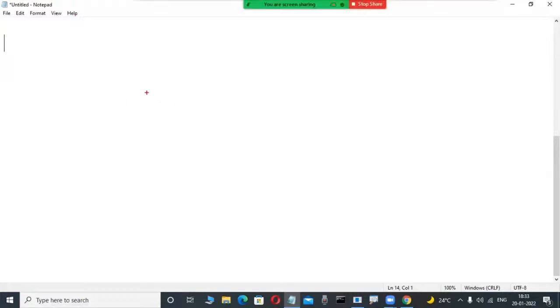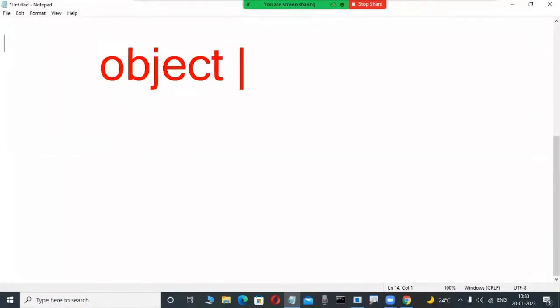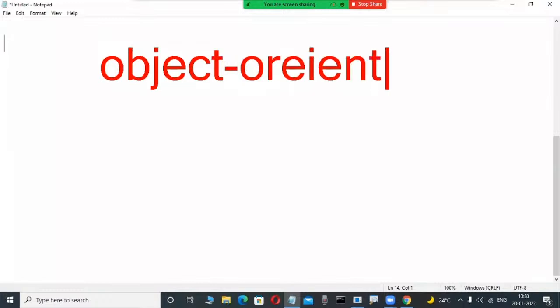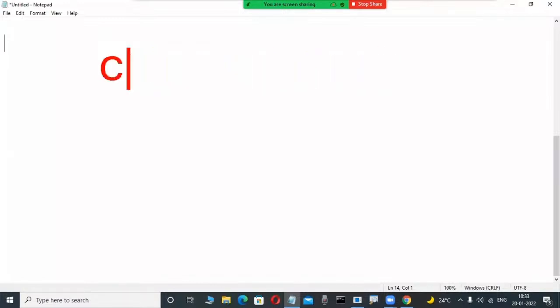Suppose there are many object-oriented languages worldwide. Maybe so many fellows have an idea. C++ is an object-oriented language. Java is a popular object-oriented language.